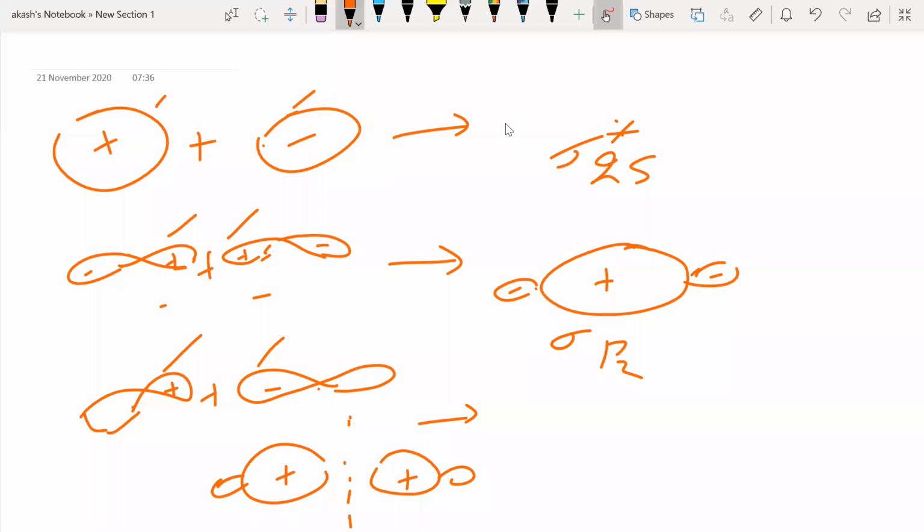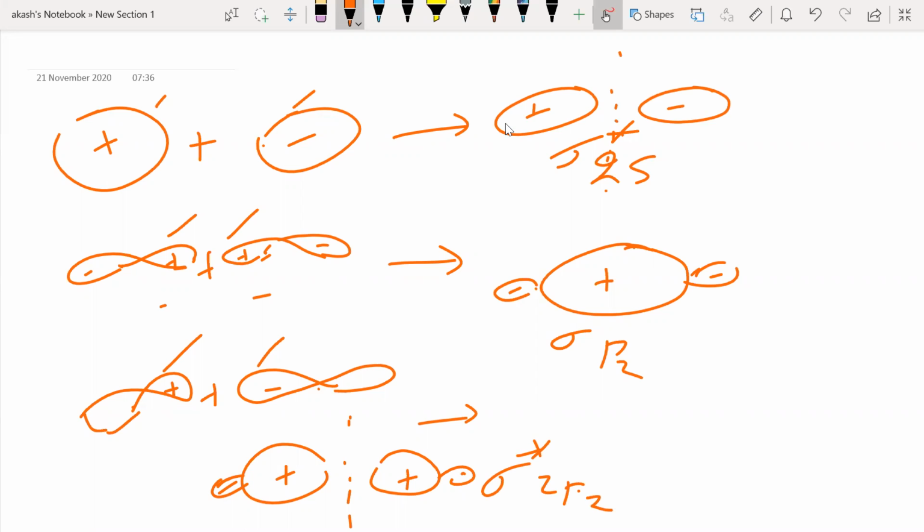I mean sigma star 2s. This is how it's going to look. This is positive, this is negative. Again, I have nothing in between. Obviously this is the negative sign here and here. So this is my sigma star 2pz.